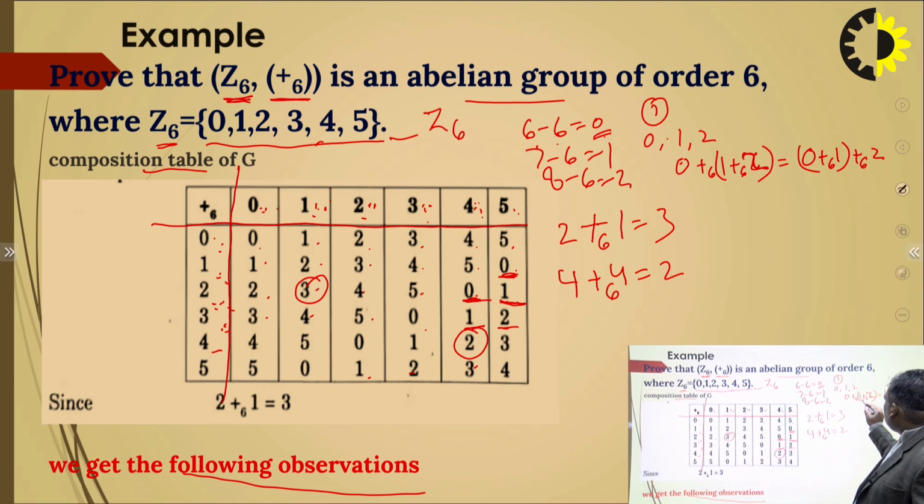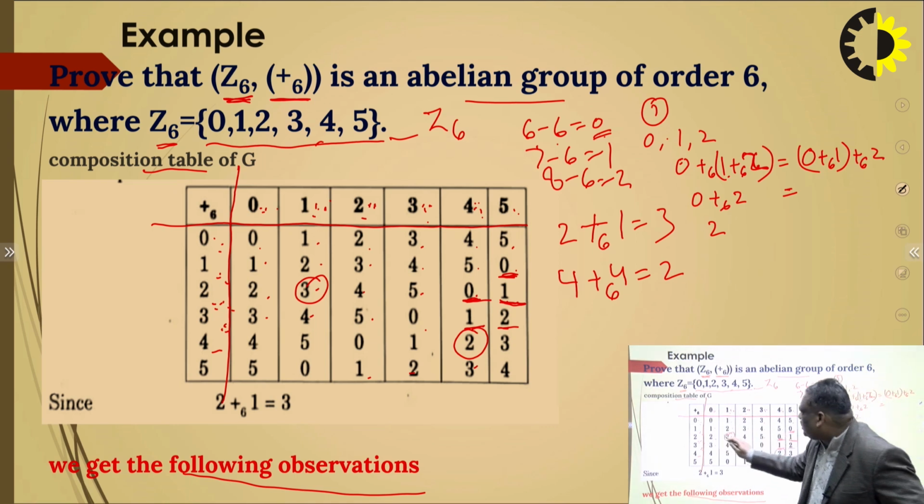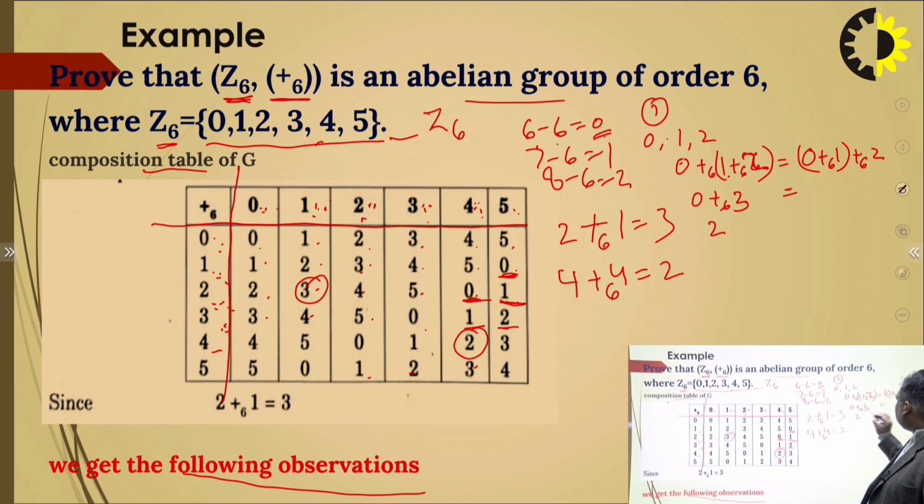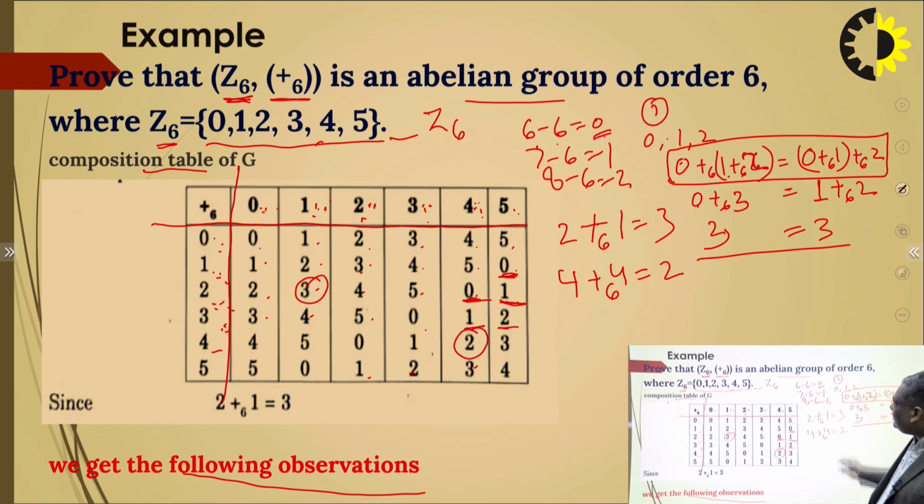So we solve it. 1 plus 2 is equal to 3, and 0 plus 3 is equal to 3. On the other side, 0 plus 1 is equal to 1, and 1 plus 2 is equal to 3. So we can say that both are equal here.